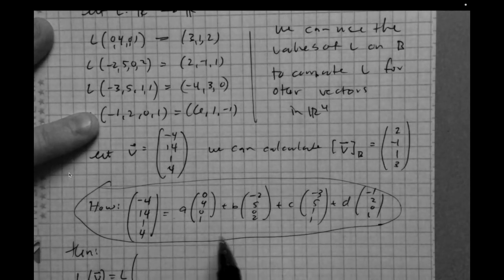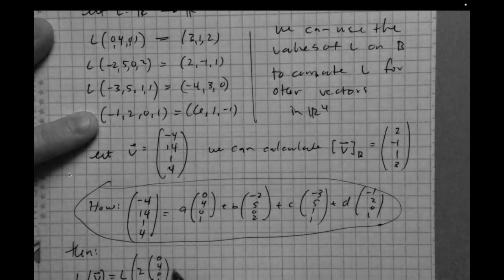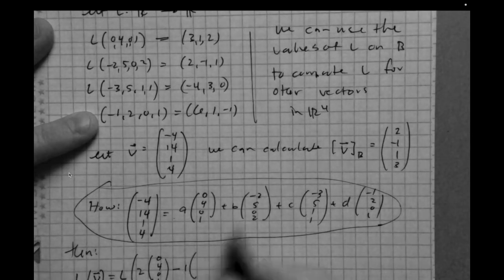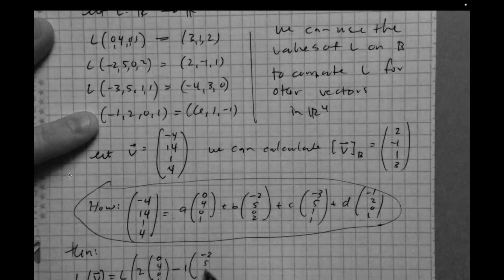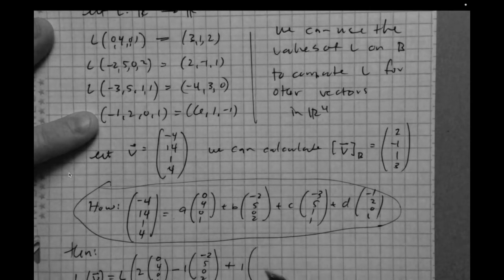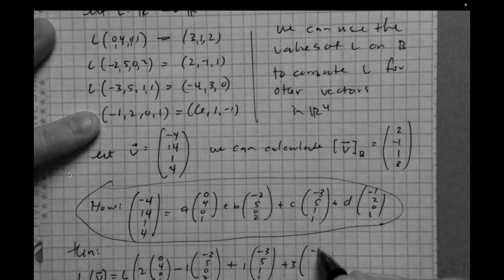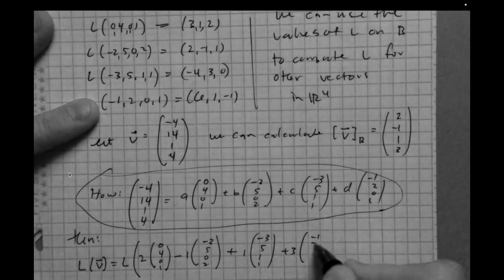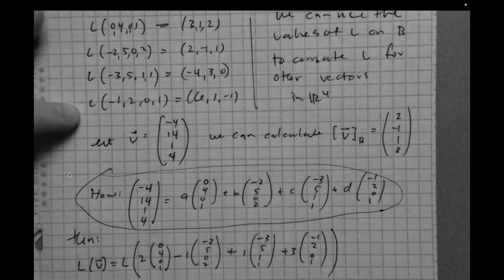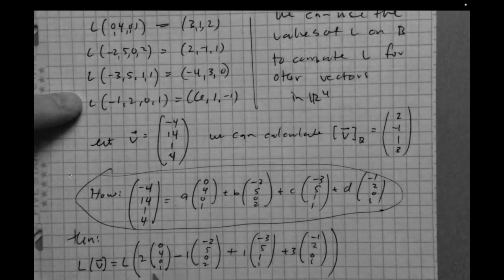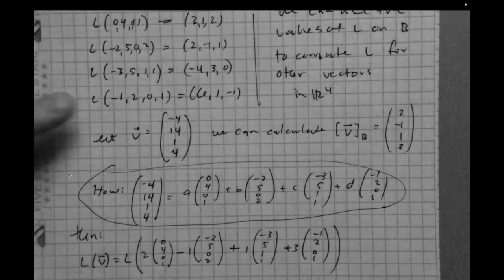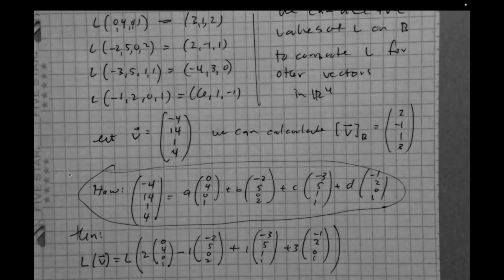So that's the linear transformation of 2 times 0, 4, 0, 1 minus 1 times negative 2, 5, 0, 2 plus 1 times negative 3, 5, 1, 1 plus 3 times negative 1, 2, 0, 1. This is just what v is equal to, so I just substitute that in there.